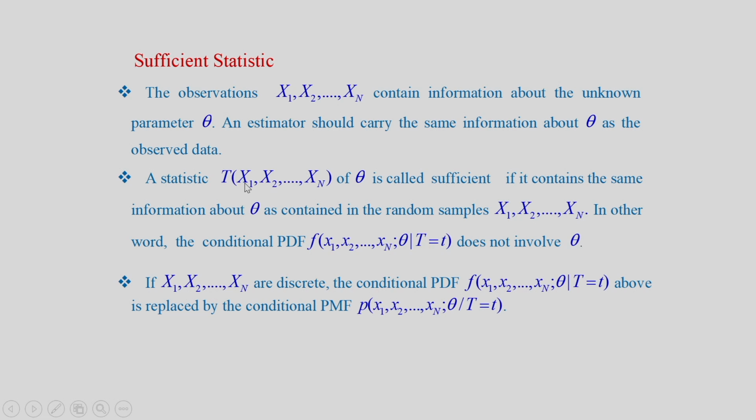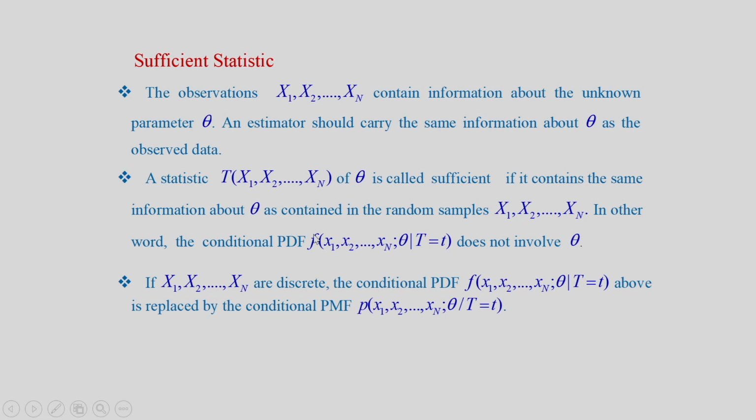A statistic T(x1, x2 up to xn) of theta is called sufficient if it contains the same information about theta as contained in the random samples x1, x2 up to xn. In other words, the conditional PDF f of x1, x2 up to xn as a function of theta given T equal to t does not involve theta.